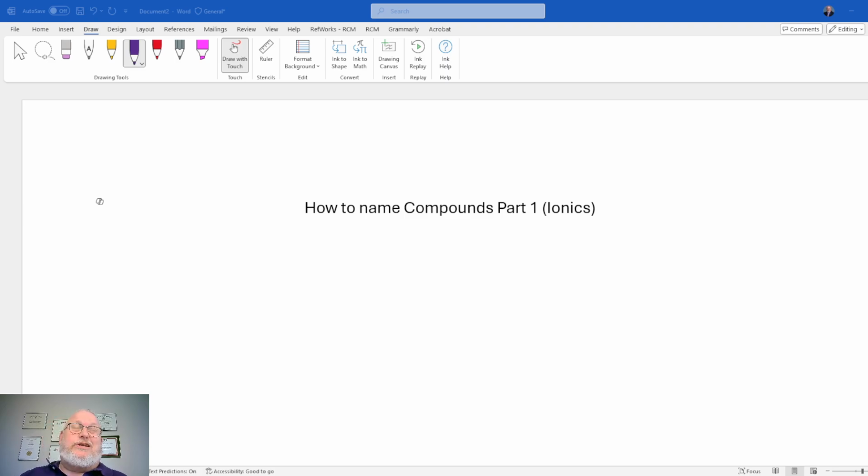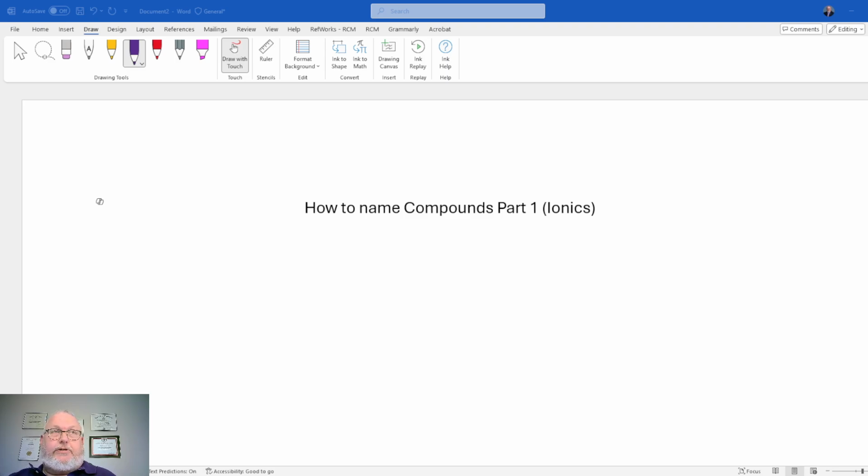So really what we need to talk about is how do we name compounds, right? Now we talked about two types that we're really going to deal with more than anything else. One is an ionic compound, right?